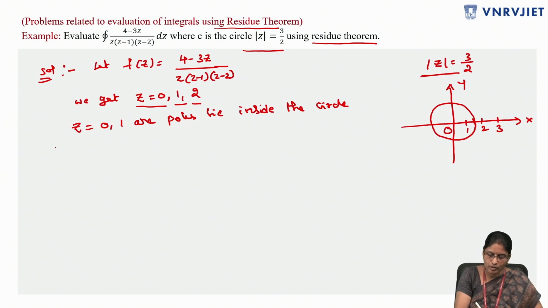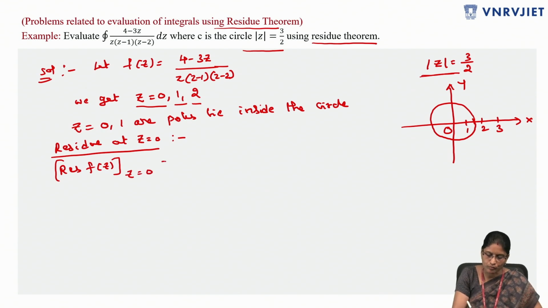Next, we have to find out the residue. Residue at z is equal to 0. Residue of the function f of z at z is equal to 0 is given by limit z tends to 0, z minus 0 into f of z.